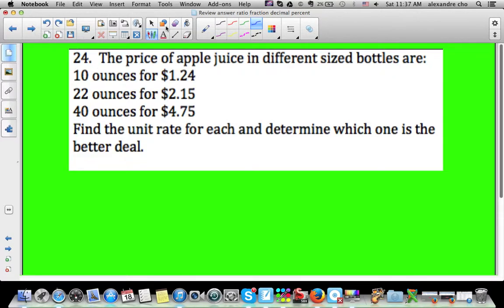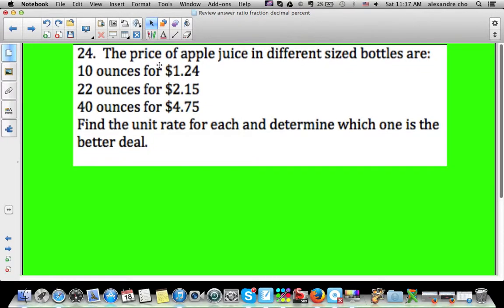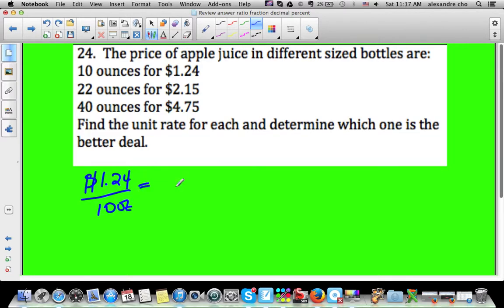Why do we use unit rate? Well, one of the things you can use it for is to compare. So let's find a unit rate for each one. 10 ounces for $1.24. So $1.24 buys you 10 ounces. How much did it cost for 1 ounce of OJ in this case?